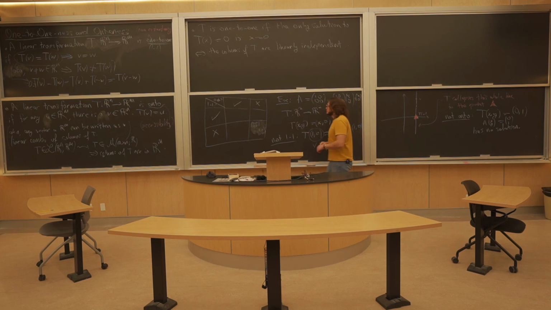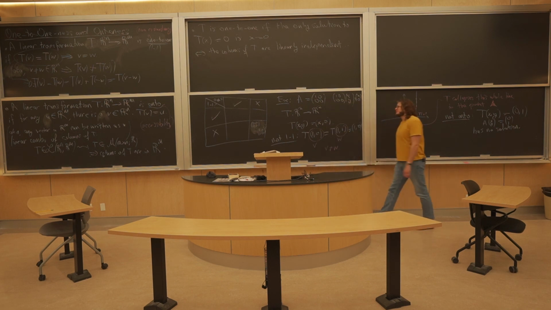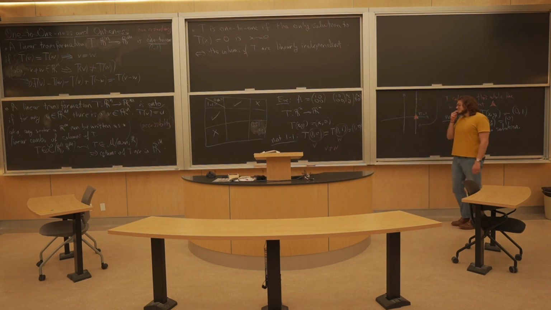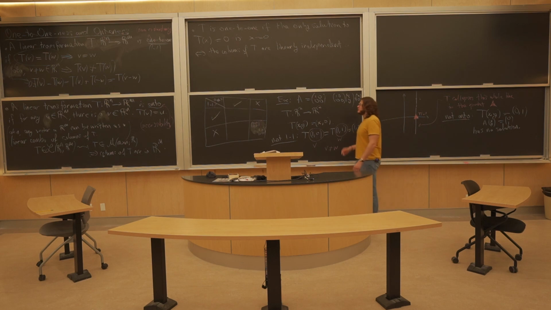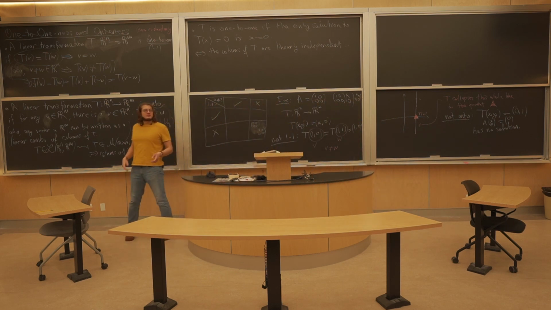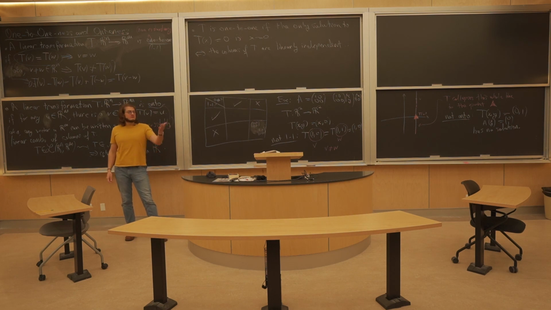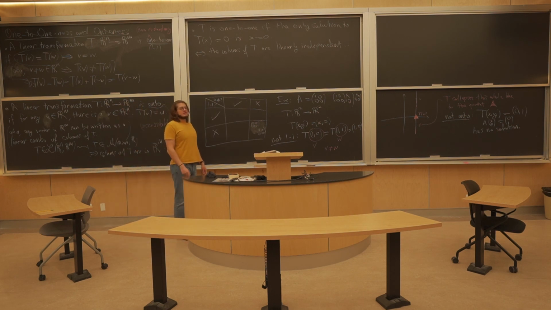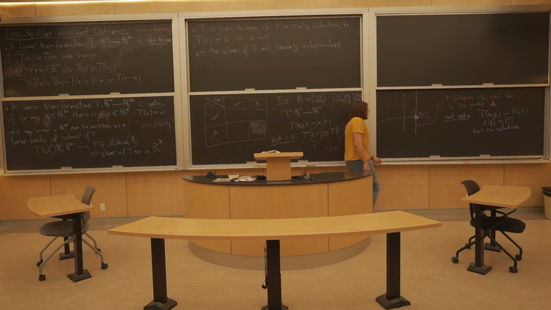Let's move on. I have 3 more boxes, which means that I need at least 3 more examples. I want a transformation, for instance, that is both one-to-one and onto. Would it be 1, 0, 0, 1? Exactly, right? So that's what we called the identity transformation.